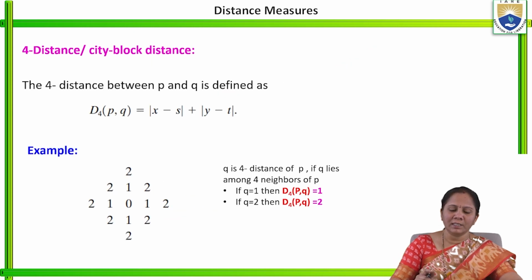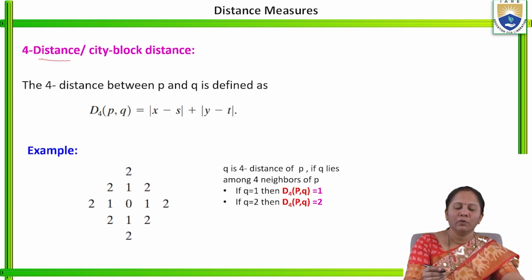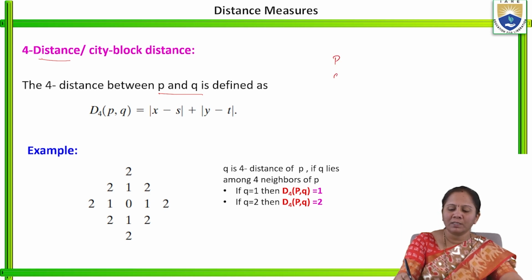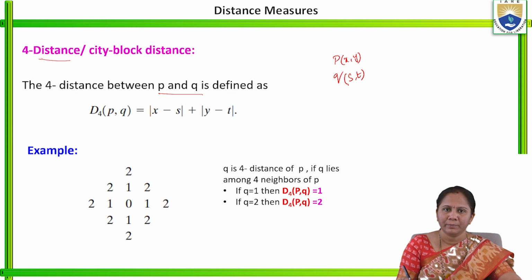The second method is the D4 distance method. This D4 distance method is also used to find the distance between pixels. Here also we have considered the two pixels P and Q having the coordinate values x and y, and s and t.